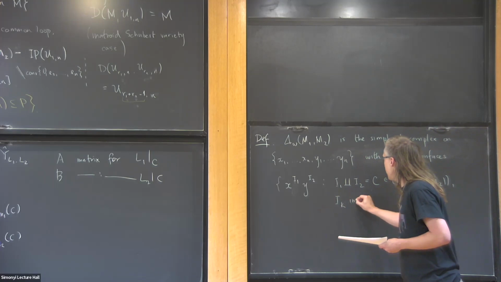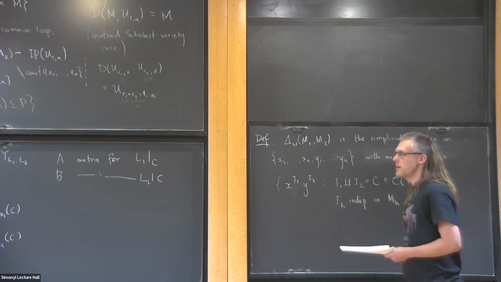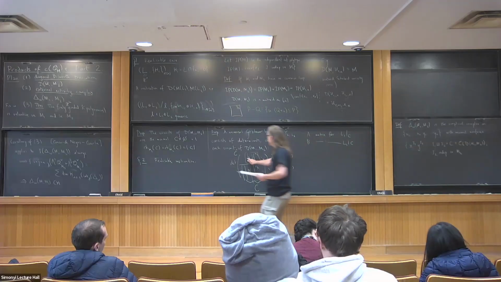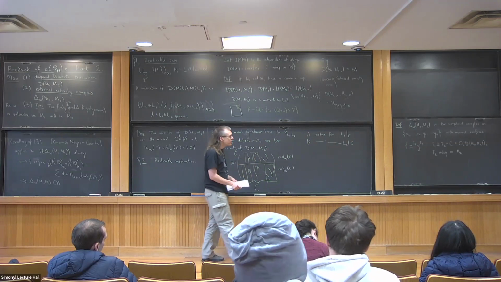I1 should be independent in M1, and I2 should be independent in M2, because if they're not independent, the minor I'm trying to pick out is 0, so the term doesn't show up. So I need each one to be independent.